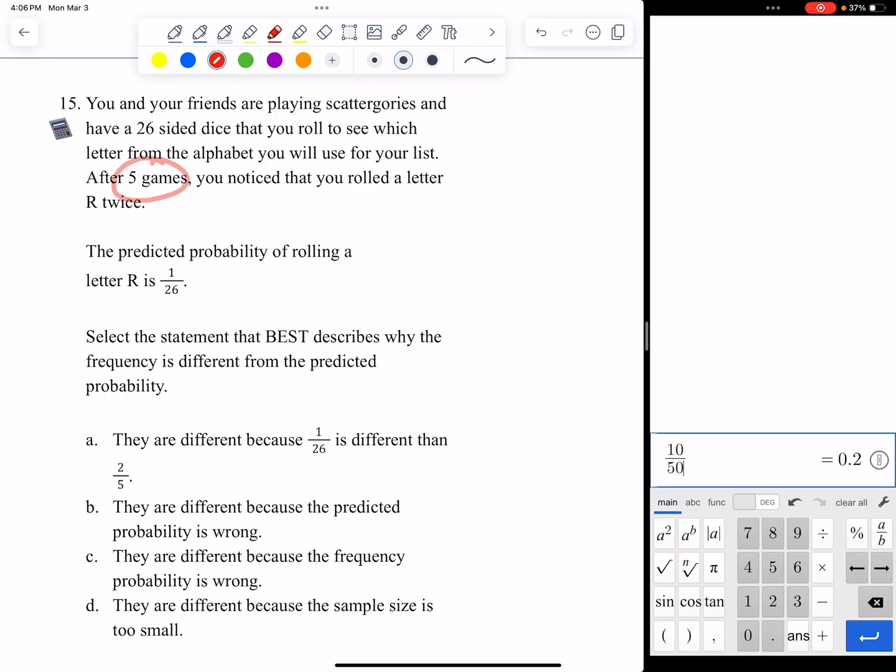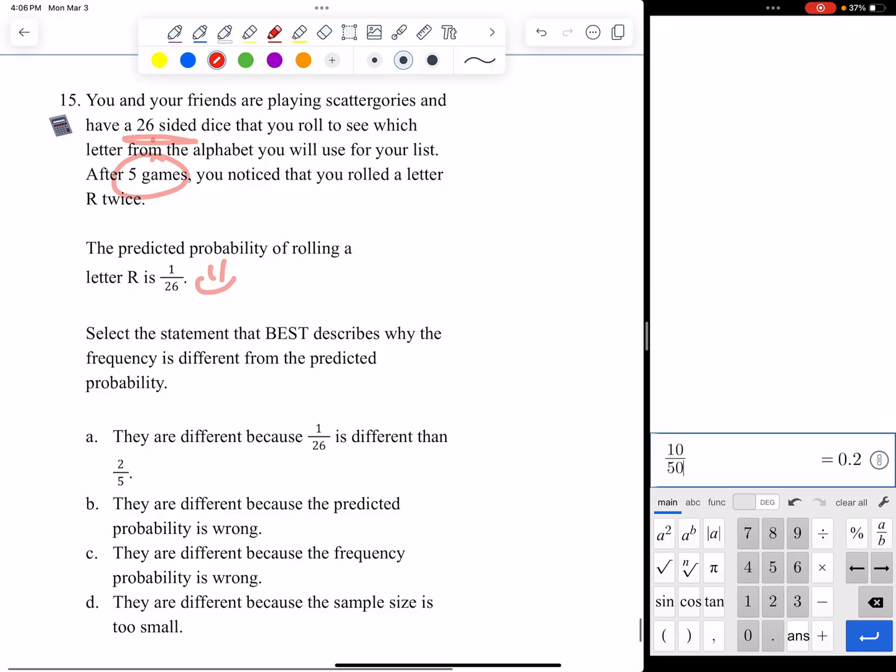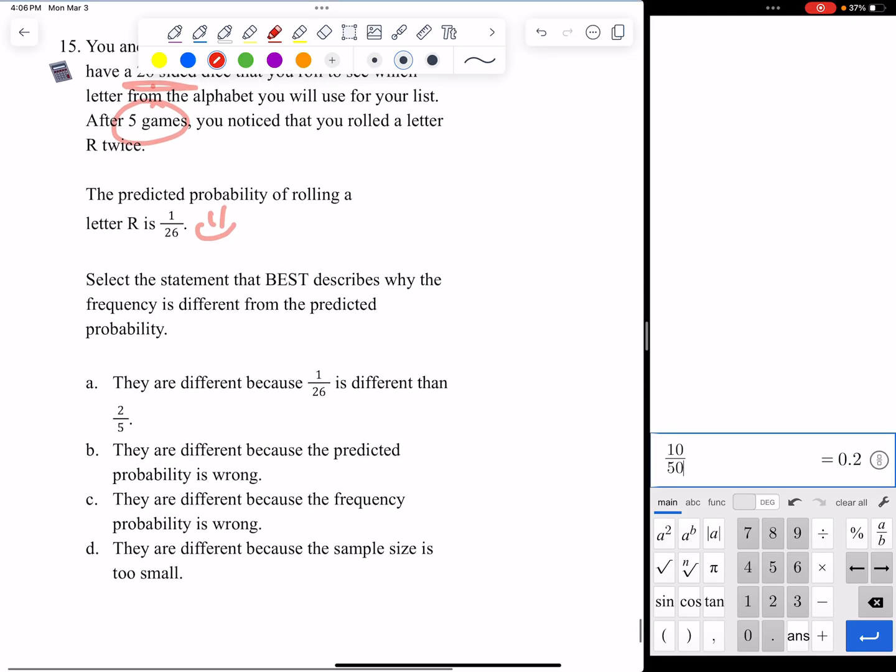That's gotta be rare because it's 26 sides. The predicted probability of rolling an R is 1 out of 26 because, again, there's only 1 R in the alphabet. Okay, so yeah, that makes sense. So I'm happy so far. Everything's making sense. Select the statement that best describes why the frequency is different from the predicted probability.